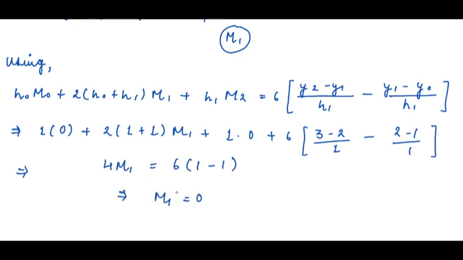That means m1 again becomes 0. So all three mi become 0.